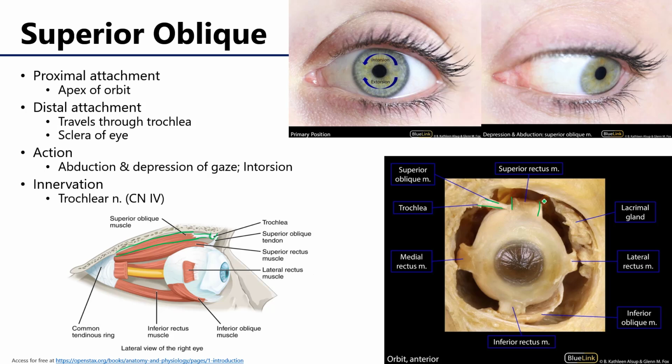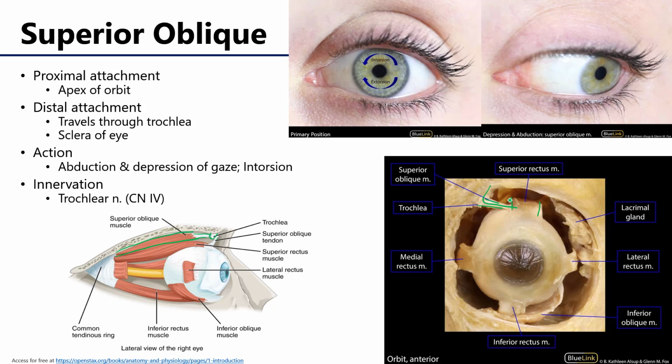Now, owing to the fact that the muscle has this rather interesting circuitous route through the orbit, we can guess that there are a couple of interesting actions that result from this. First of all, the superior oblique muscle is capable of intorsion.